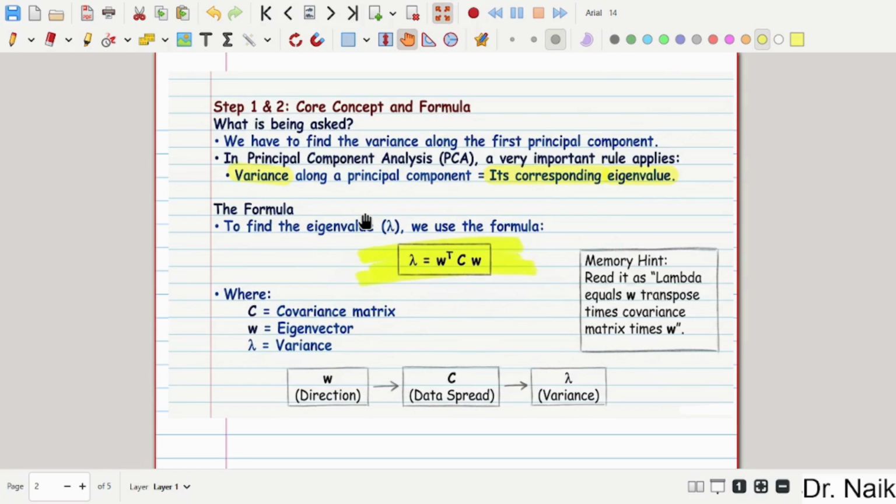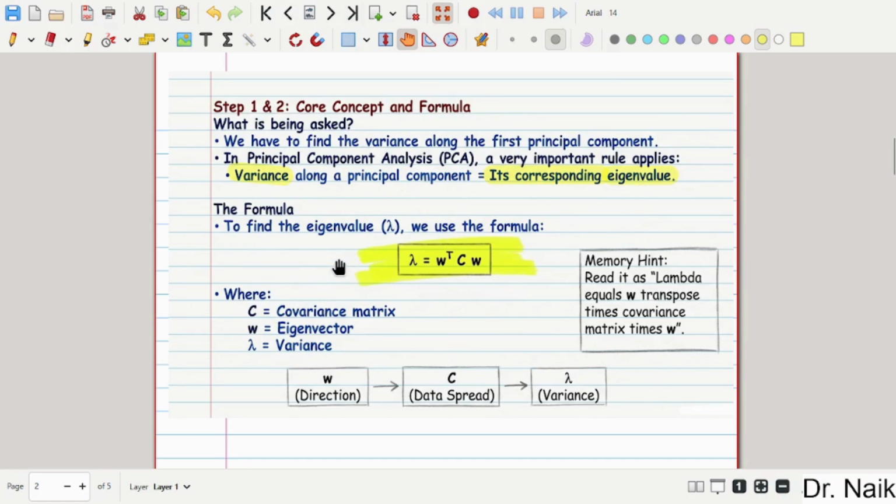In principal component analysis, PCA, a very important rule is that the variance along a principal component is equal to its corresponding eigenvalue. Variance is calculated by calculating the eigenvalue.